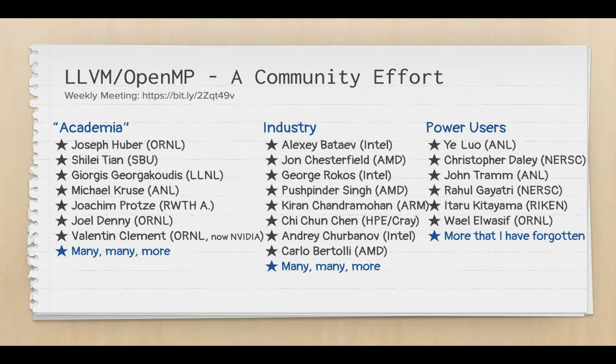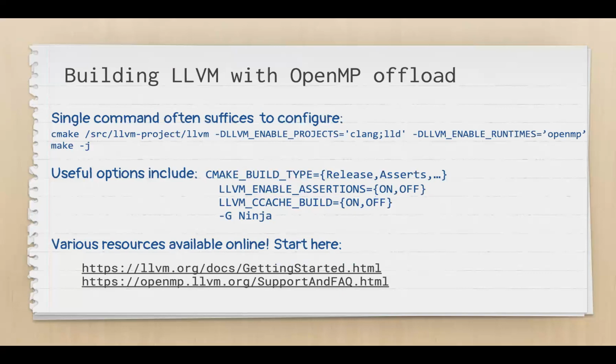Okay, let's take a look at the introduction and where you would start. If you want to use LLVM to do OpenMP offloading, which is probably the OpenMP use case that most people are interested in here, nowadays you only need a single CMake command to make that happen.